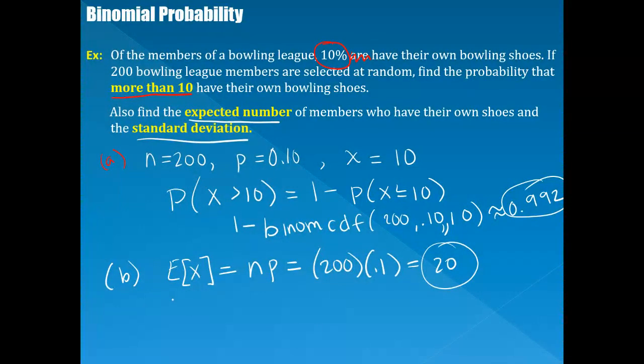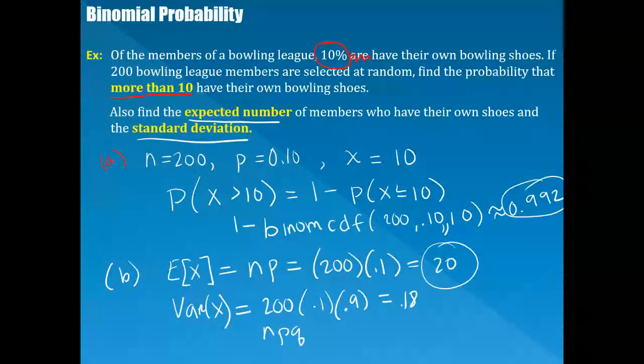And the variance, remember that was NPQ, I should have written that first. 0.1 times Q would be, well, the complement of this, so 0.9. So 200 times 0.1 times 0.9, I get 18 would be the variance, right?